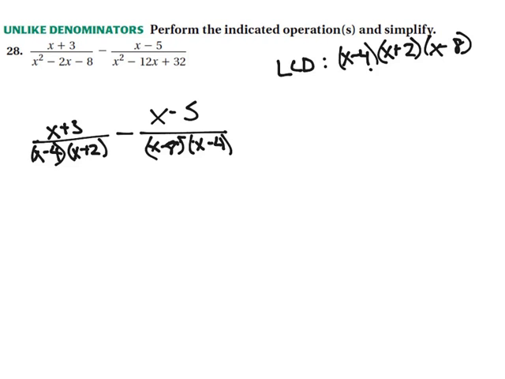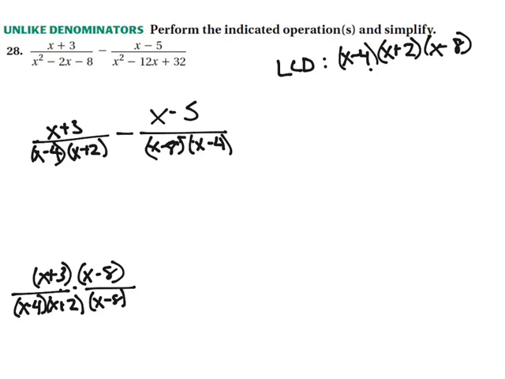So I need to multiply this one by x minus 8 on top and bottom. x plus 2, and then we're going to multiply top and bottom by x minus 8. And on the other one, we're going to multiply by x plus 2.